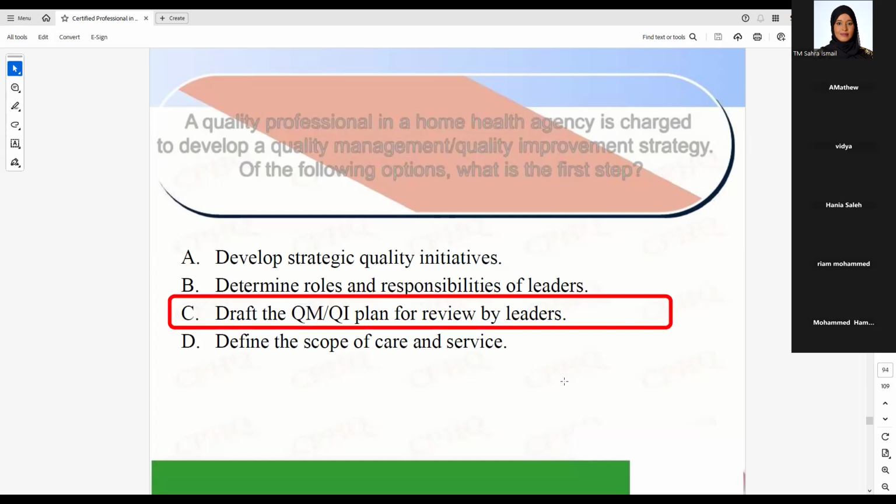Okay, let's all look. I don't know. This was the answer. I was looking because both have leaders in it. So again, as we said, always everything starts by the leadership. But then I was confused between B and C, to be very honest. I'll have to search for this and look for the reason. Why did we select drafting the QM or the QI plan for review before the roles and responsibilities?